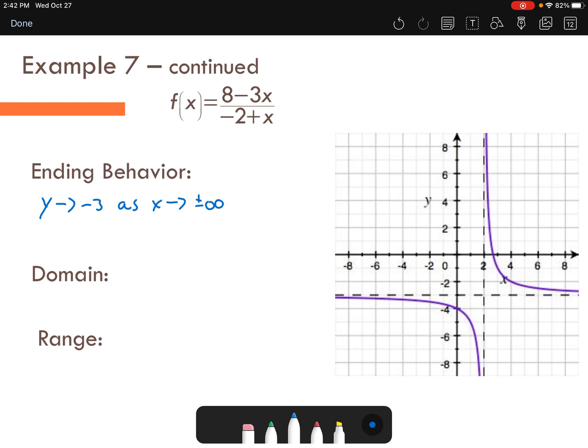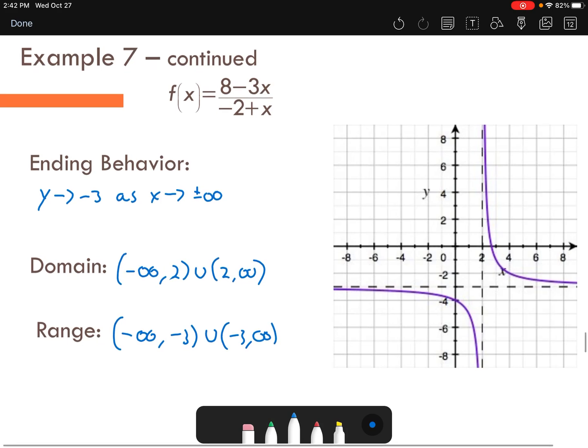That's the end behavior, both to the left and to the right. Now the domain is negative infinity to 2, union 2 to infinity. And the range is negative infinity to negative 3, union negative 3 to infinity, because it just does not get to negative 3, because we have a horizontal asymptote there.